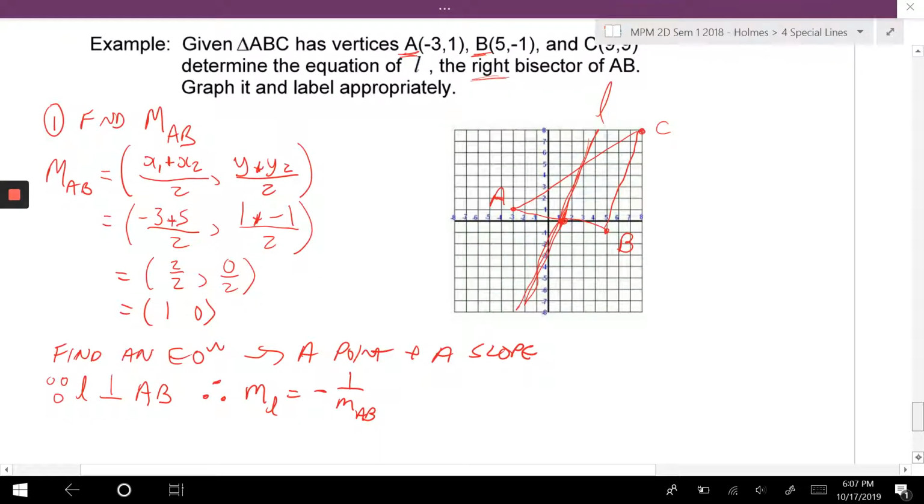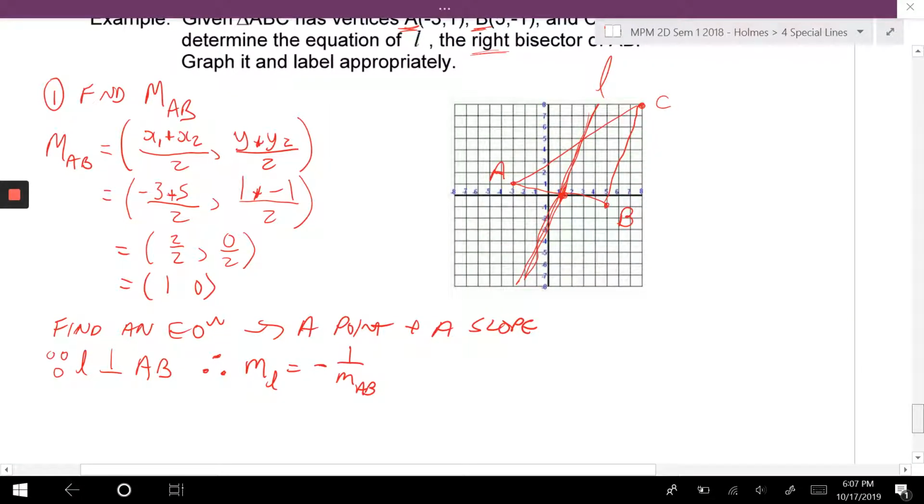So I'm going to need to calculate the slope of AB. My slope of AB is delta y over delta x, or y2 minus y1 over x2 minus x1.